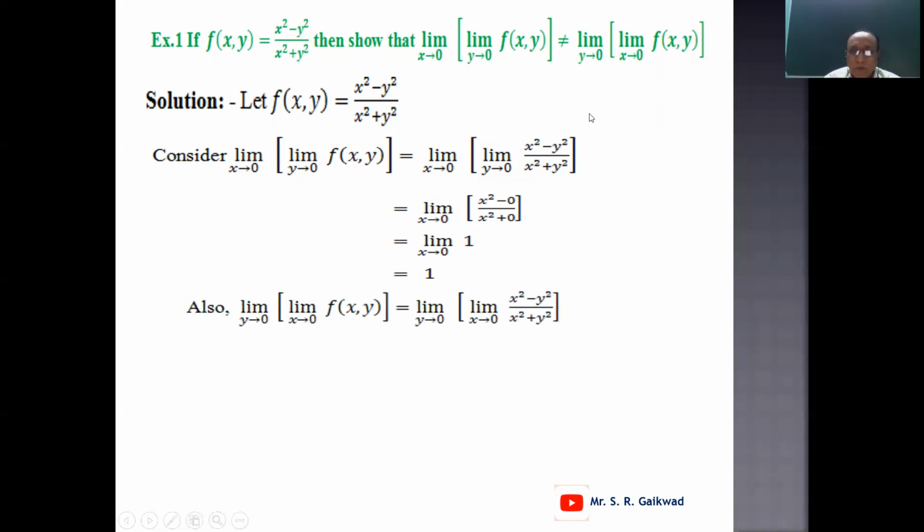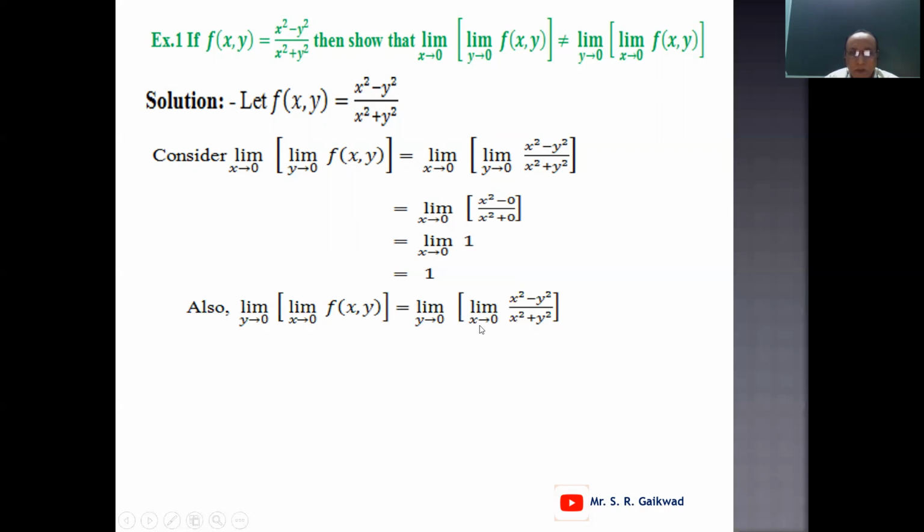Then we find the limit of the right hand side. At first we take the limit as y tends to 0 of the limit as x tends to 0 of f(x, y), which is the limit as y tends to 0 of the limit as x tends to 0 of (x square minus y square) upon (x square plus y square).